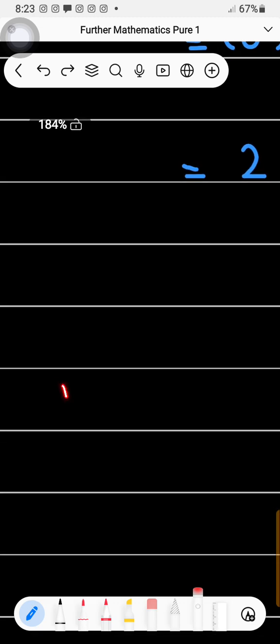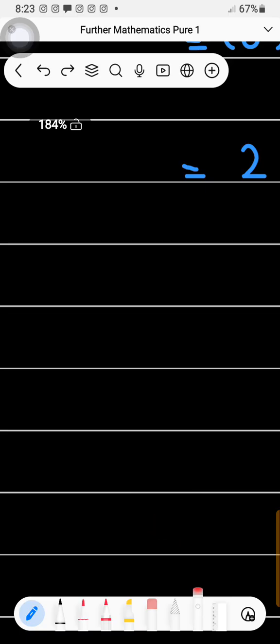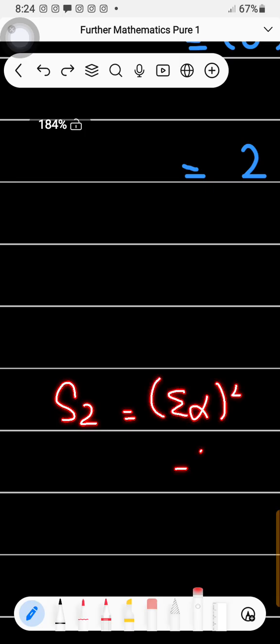And to find out S1, we have the formula sum of alpha, which is equal to negative b upon a. To find out S2, we have the formula sum of alpha whole square minus 2 sum of alpha beta.